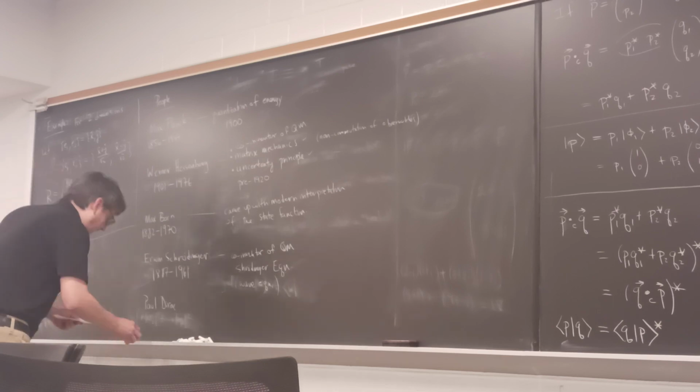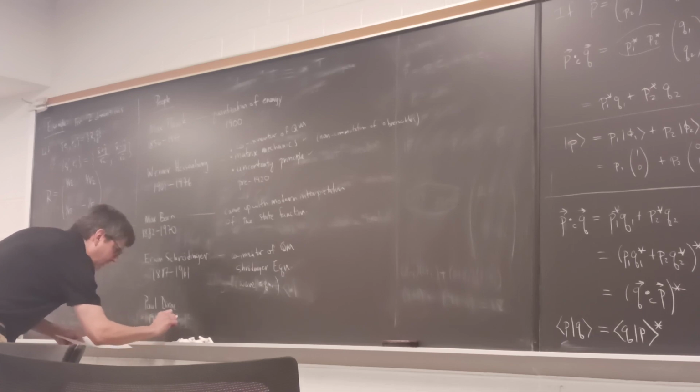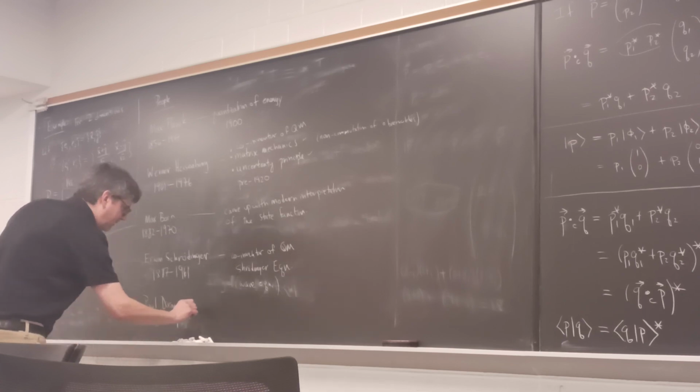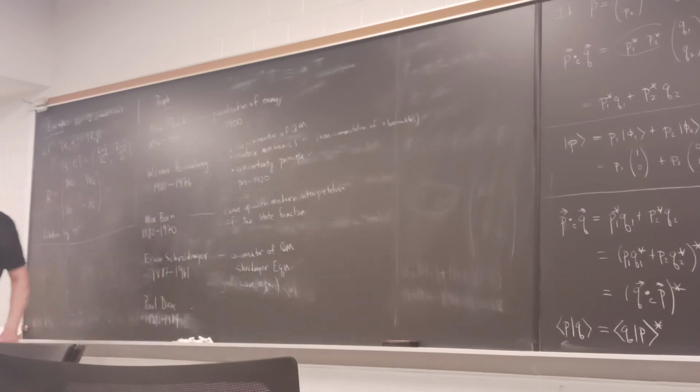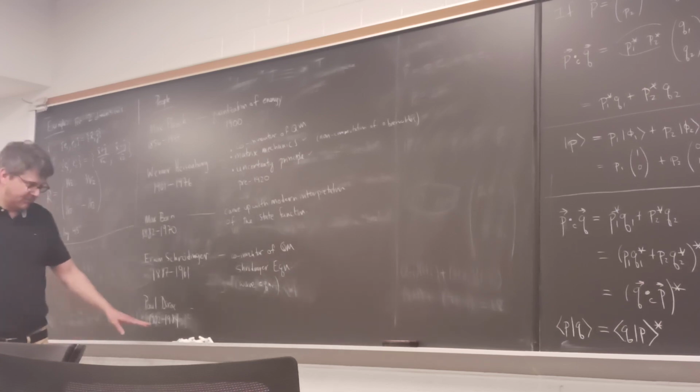Okay, and then there was Paul Dirac. Paul Dirac is probably for certain one of the greatest scientists who ever lived and one of the greatest physicists from the 20th century.